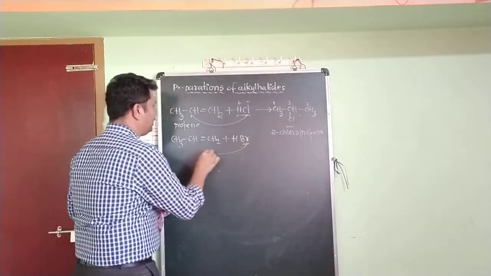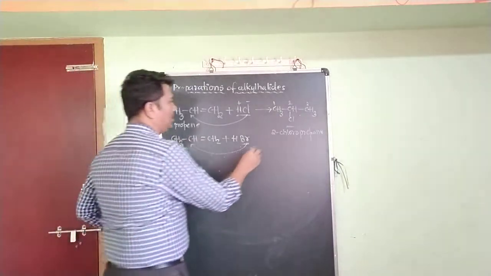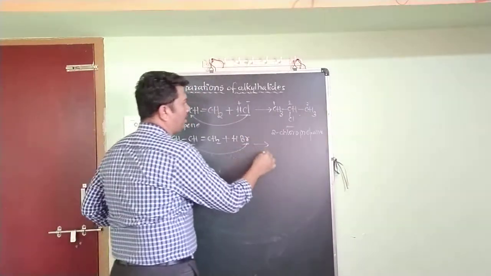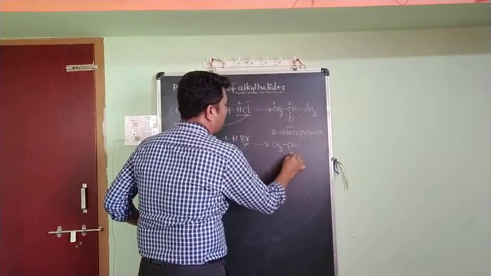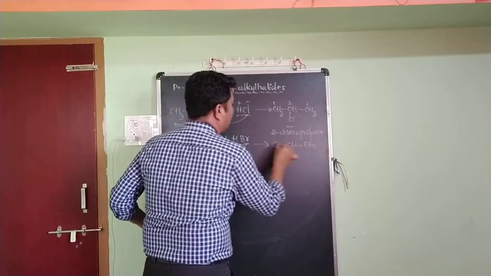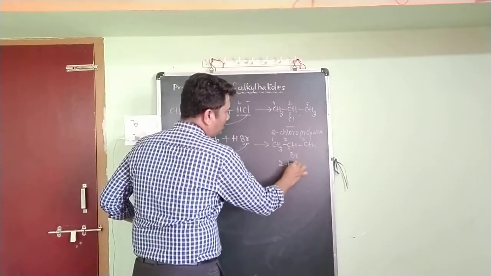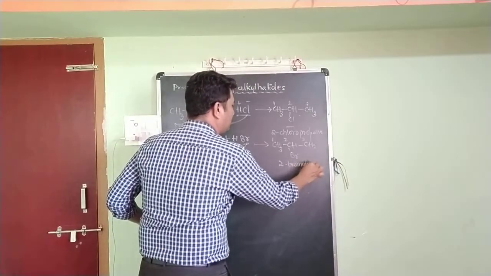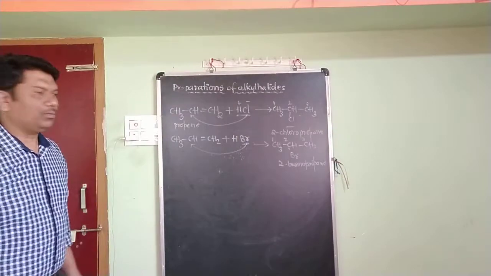This negative part is attached to the carbon which has fewer hydrogen atoms. Therefore, the reaction will become, according to Markovnikov's rule, CH3CH, here it is Br, and it is CH3. Again 1, 2, 3. And the second carbon has the 2-bromo. Now it is 2-bromopropane.